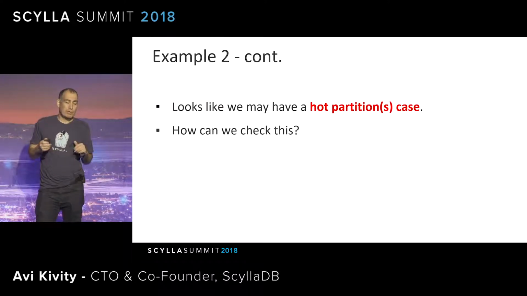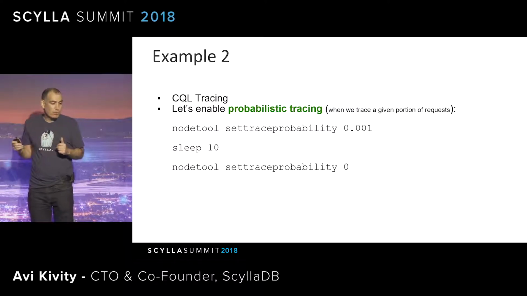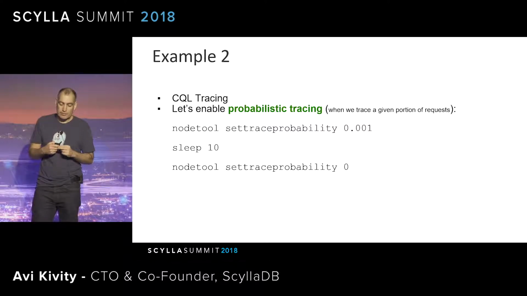So how can we nail down the fact that we have a hot partition? And also, we want to know what the key is in order to track the problem further on the client side. So one way to do that is to use CQL tracing. And you can enable probabilistic tracing, which means that some percentage of the queries will be traced, and it's important to select a very small percentage or you will overwhelm the tracing facility.